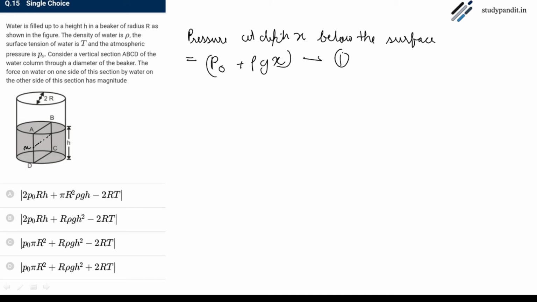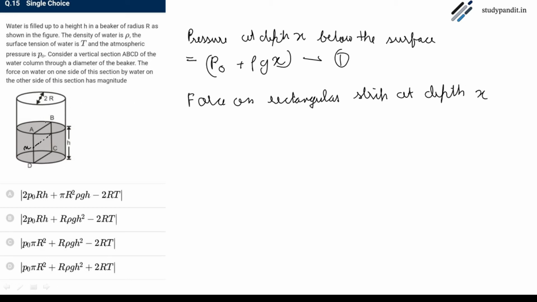This is 1. So, what will be the force on a rectangular strip at depth x?